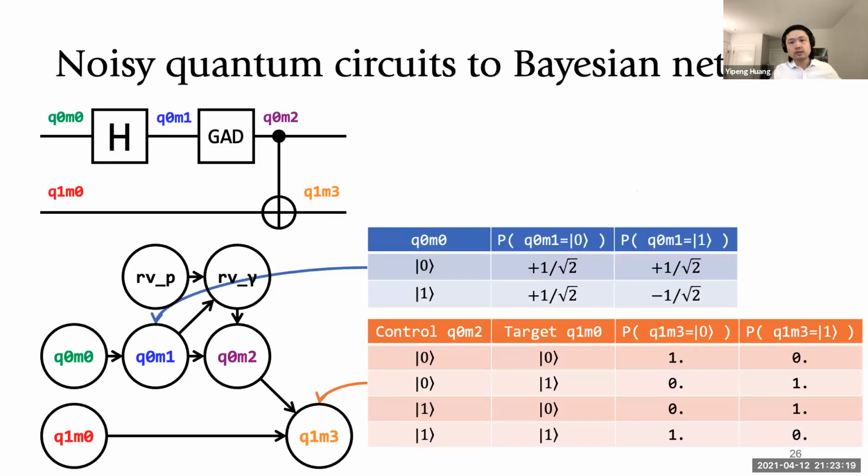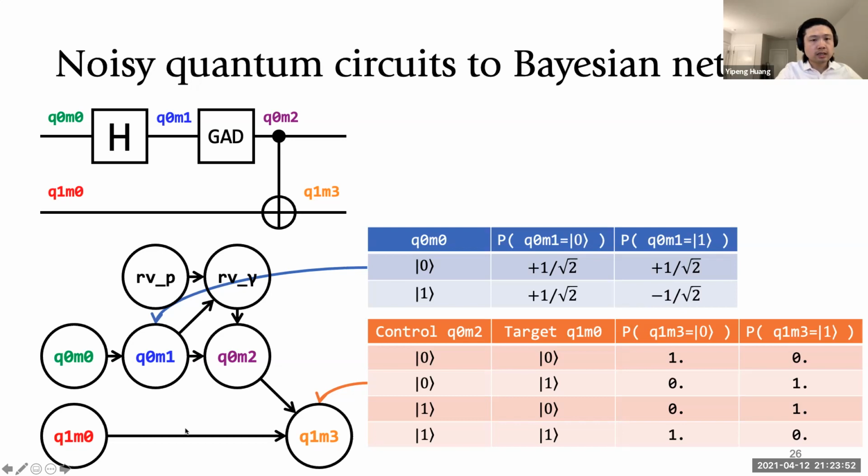And our extension to this, based on various prior works that have developed this kind of formulation, is that you can change the semantics of the Bayesian network so that instead of real valued probabilities, you have instead complex valued amplitudes. We can then use Bayesian networks to represent quantum circuits. And so each node of the Bayesian network would represent some qubit state in the quantum circuit.